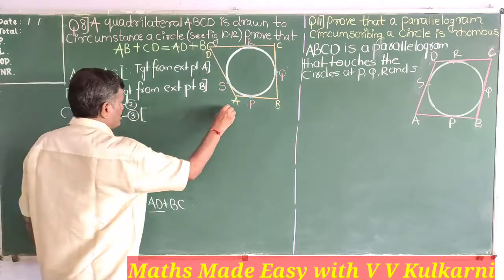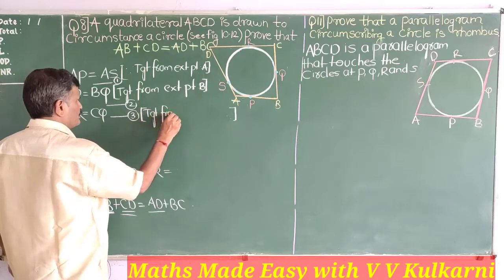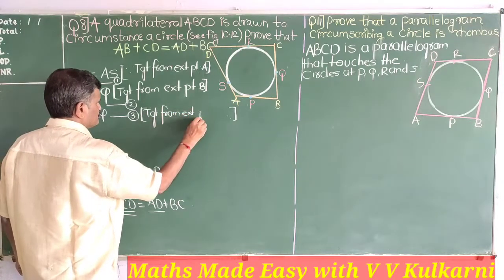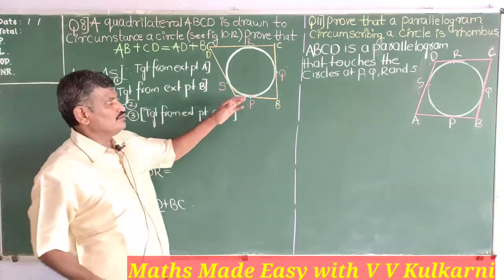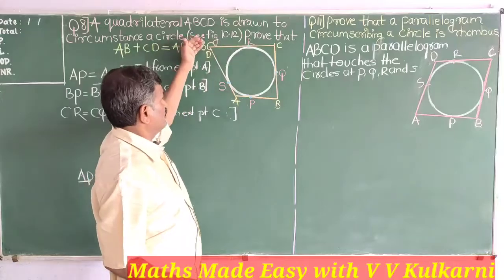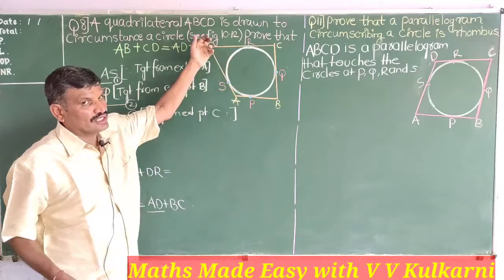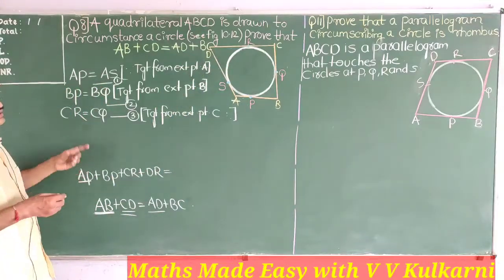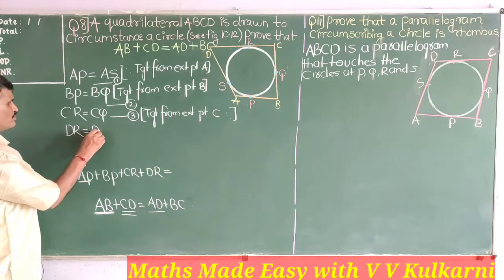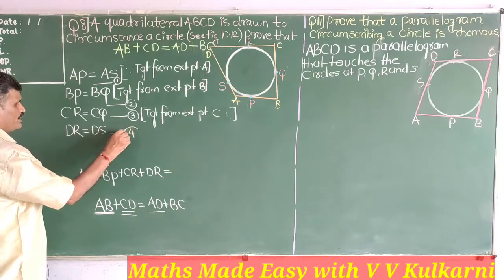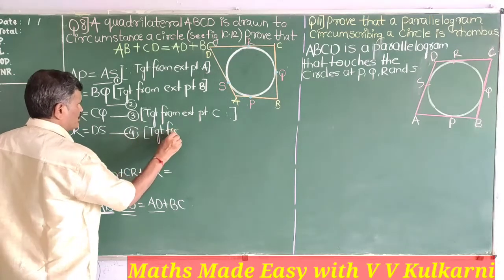I hope by this time you understood what it is: tangents from external point C. Again, here DR is equal to DS, tangents from external point D. Same technique.